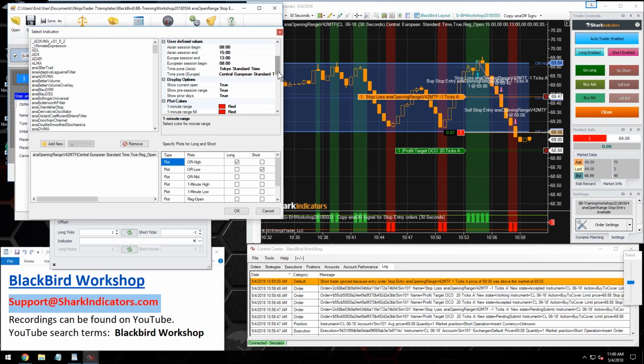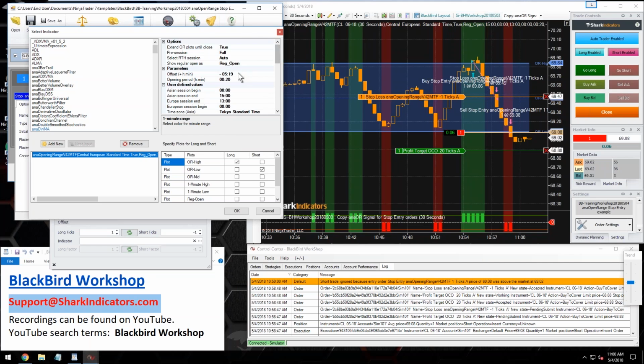It's really just a matter of setting up this opening range indicator so that it works correctly with your time zone. Now I had to tweak all of these settings because we're way past the market open, so that it worked with the current time of the workshop. That is the key to getting this all to work: getting the times set up correctly.